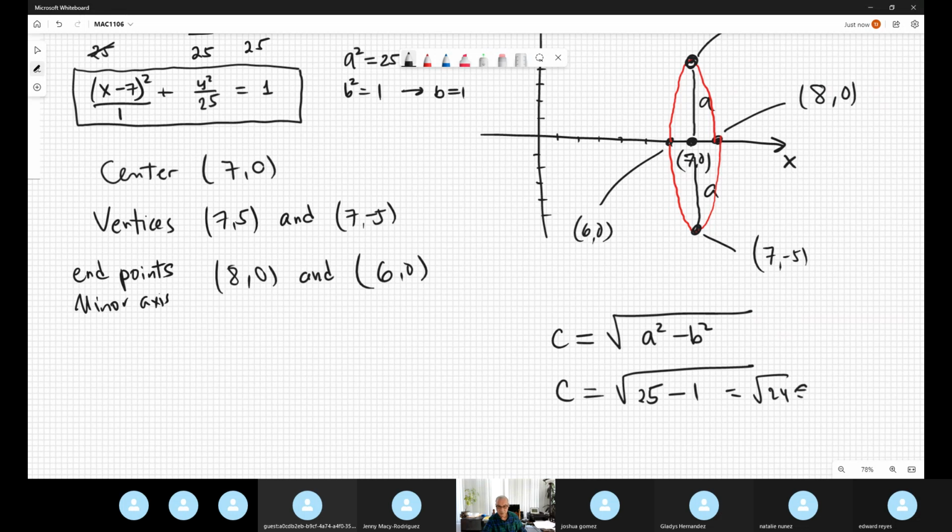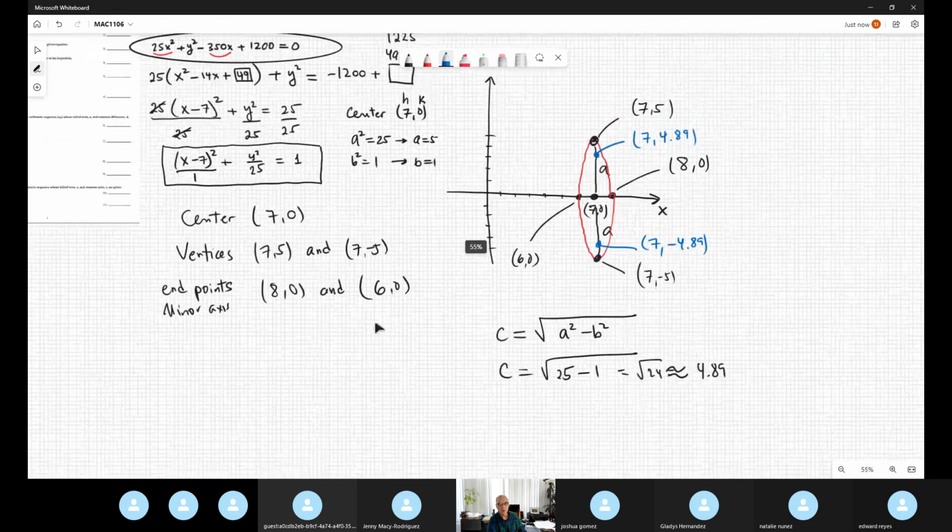Square root 24 is approximately, because it's irrational, 4.89. At the foci, let me use another color here. Approximately at the point 7, 4.89 positive, and another focus here, at the point 7, -4.89. Boom. This is the answer.